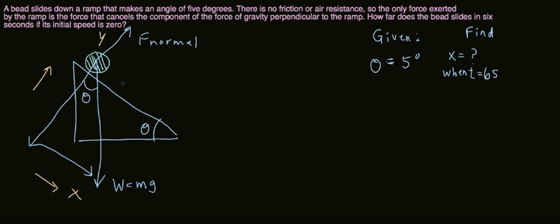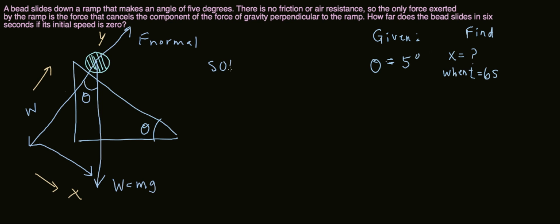In another video, I can show why this is true. Okay, so now let's fill out the rest of this triangle here. We want to find this part right here, and then this part right here.